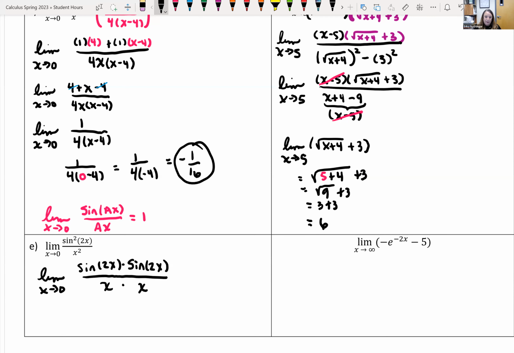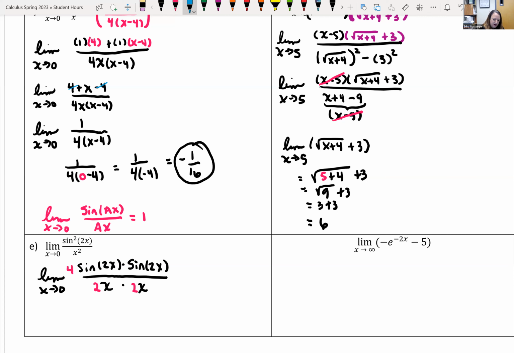So the only thing that I'm missing here to use that rule above is that I need technically a 2 here and a 2 here. So I multiply 2 times 2, which is 4, in the denominator. So that means in order to keep this equivalent, I need to multiply 4 to the numerator.